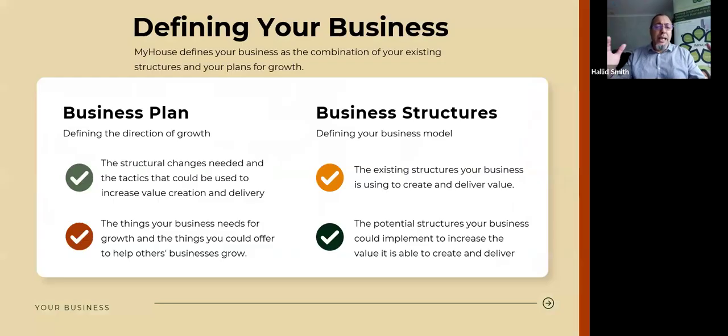So firstly, it defines the current structures within your business and identifies tactics on how those things would change over time. And we understand that when we start our businesses, initially it's just us, and you've perfected that model to make that beautiful cake.